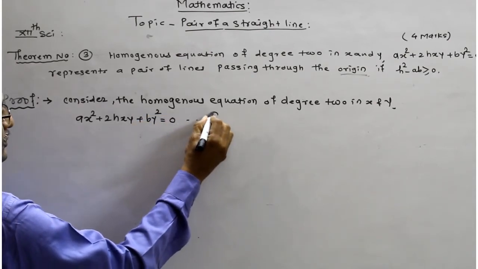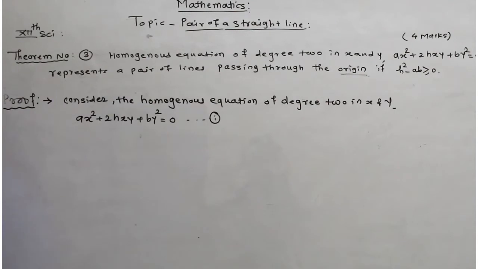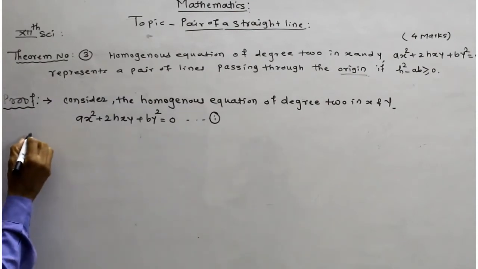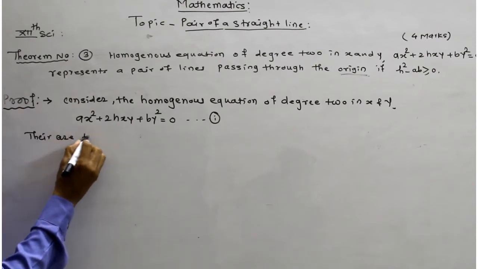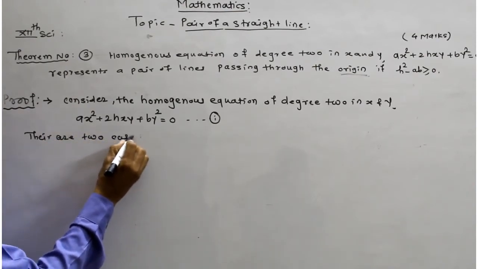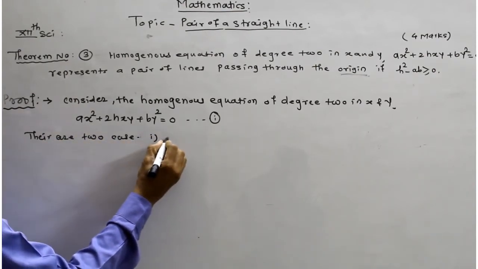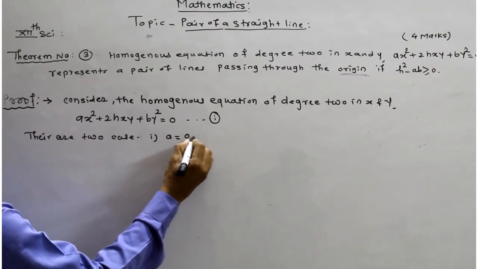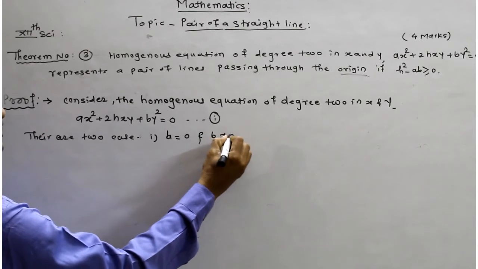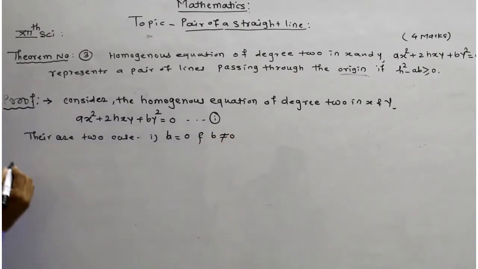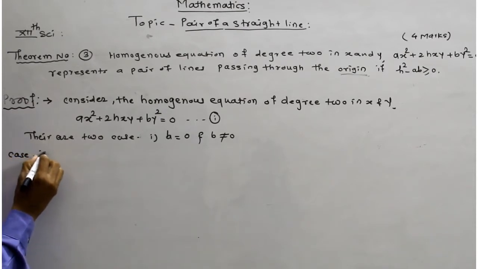So give number 1 here. Now consider two cases. Number 1, b is equal to 0 and number 2, b is not equal to 0. So now consider first case number 1.